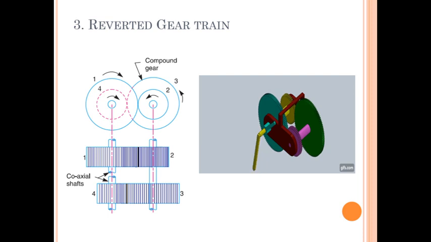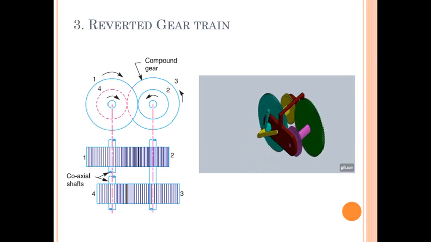The third gear is in mesh with the fourth, but observe carefully, the first gear and the last gear have axes which are coaxial. That is, when the axis of the first gear and the last gear are coaxial, then the gear train is called a reverted gear train.